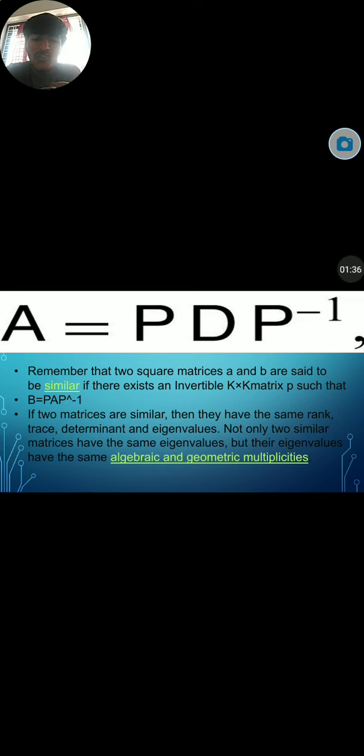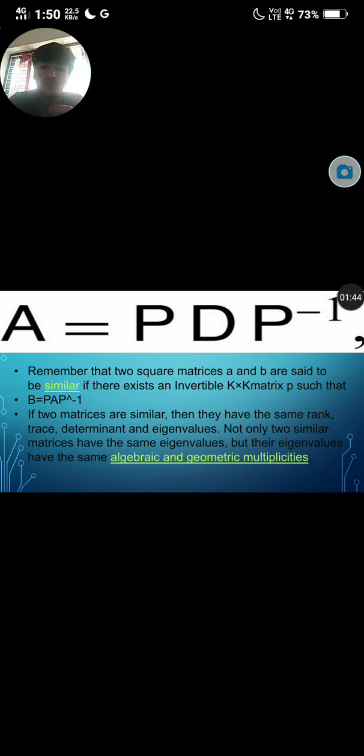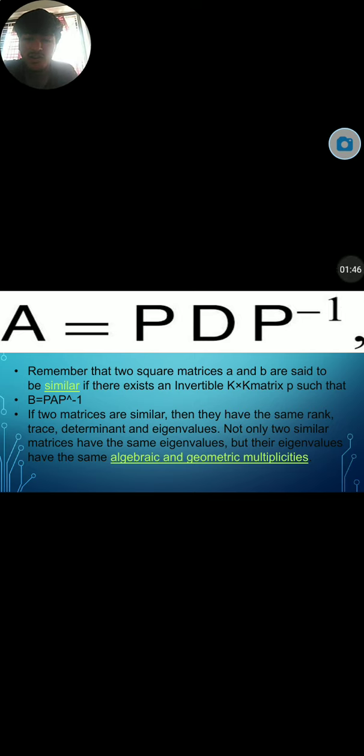Remember that two square matrices A and B are said to be similar if there exists an invertible K by K matrix P such that B is equal to P inverse A P. And if two matrices are similar, then they have the same rank, trace, determinant and eigenvalues.